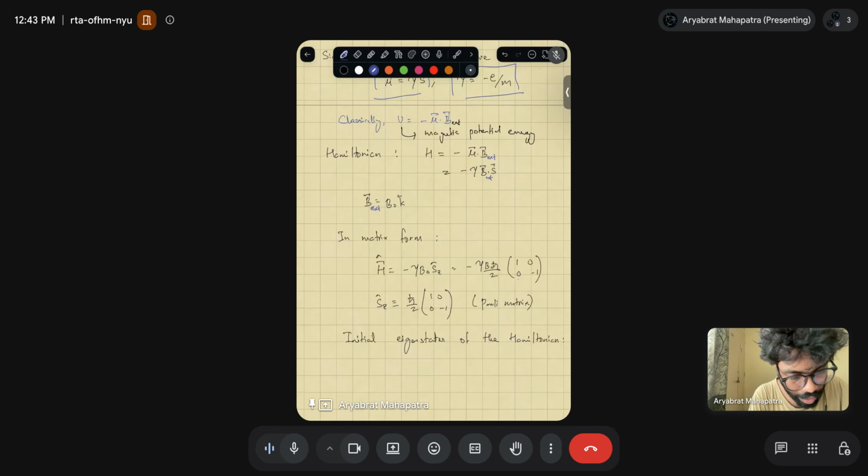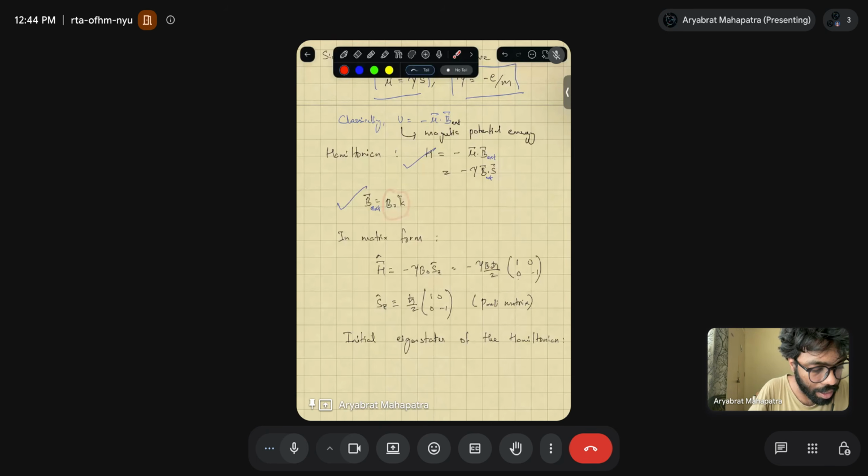You can write the spin vector as sigma x i plus sigma y j plus sigma z k. What are these sigmas?